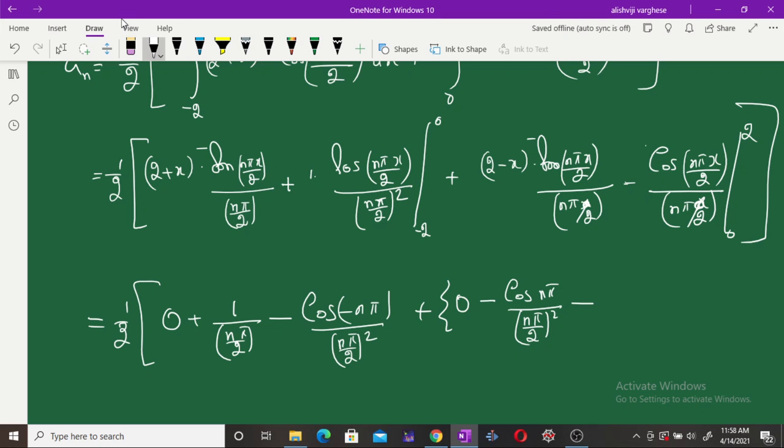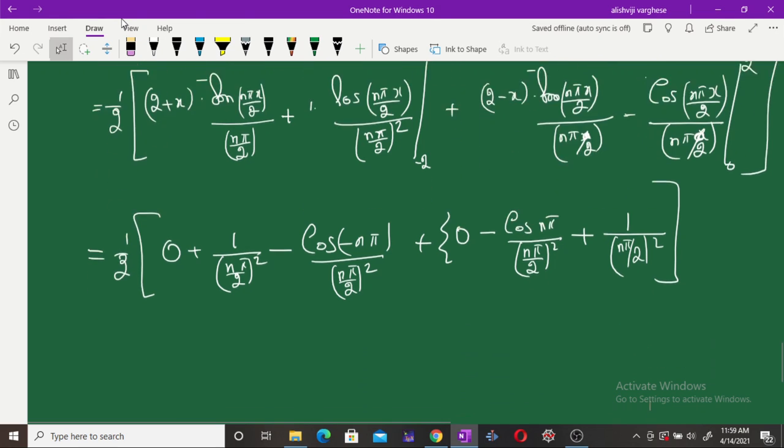The lower bound is again when sine x is equal to 0, the sine 0 will become equal to 0 and that term will vanish. Then here it is minus of minus, that is plus cos 0 is 1 divided by (n pi by 2) the square. Okay, here also we have the square term.